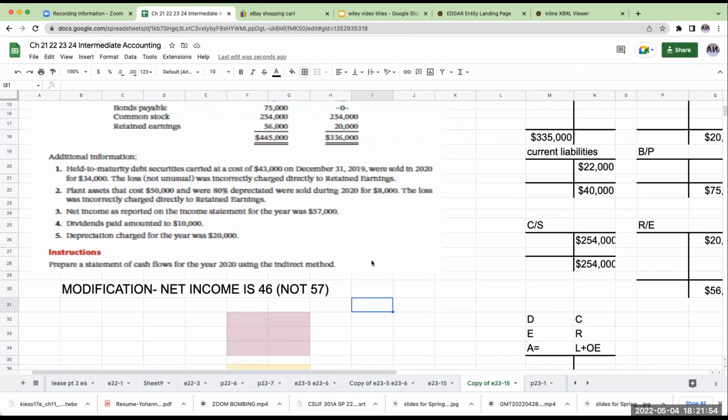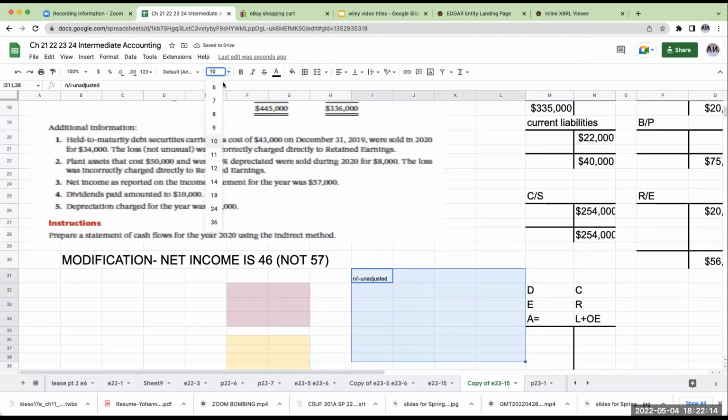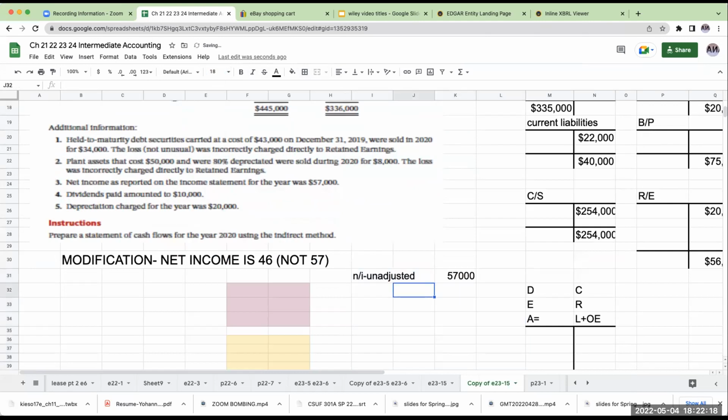So when we look at this in terms of saying net income reported on the income statement for the year was 57,000, the first thing I want to do is say that that number is wrong. My net income unadjusted was 57,000.